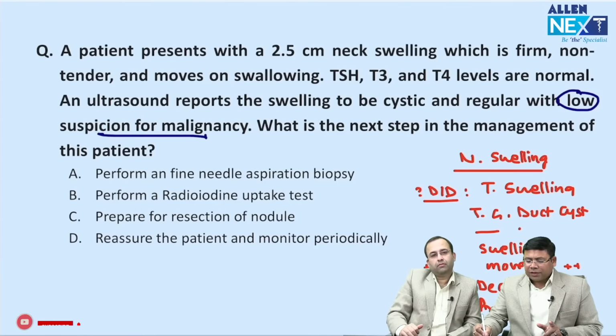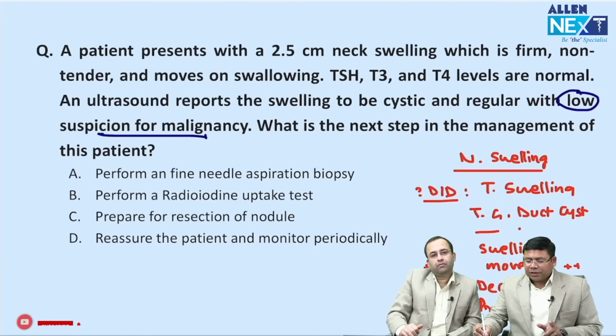Now one more thing, there are certain clinical, or rather history, features that we are going to inquire about. Whenever we talk about a thyroid cyst or thyroid nodule, remember, if you talk about gender, it is seldom seen in males. Listen to my words: thyroid swellings are seldom seen in males.